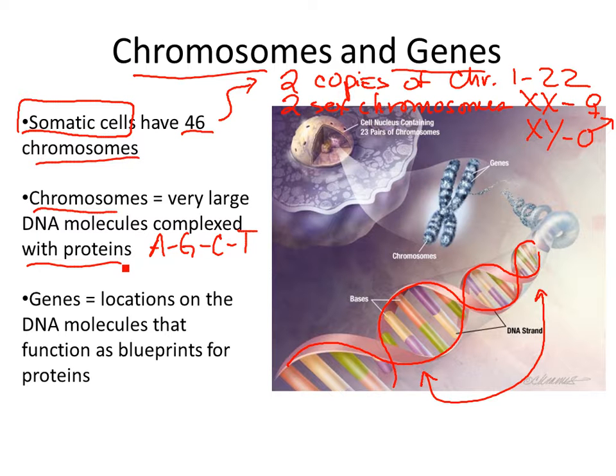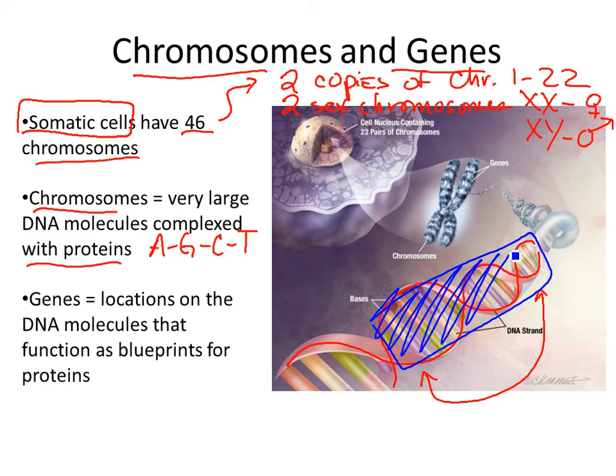Now along your chromosomes, at particular locations, you have stretches of A's, G's, C's, and T's in particular orders or sequences that function as genes. Genes are blueprints or recipes for the thousands of different types of proteins that the cells in your body need to make. And proteins, as you've learned, are the workhorses of your cells. They indirectly or directly lead to all of the different traits and functions of your body.